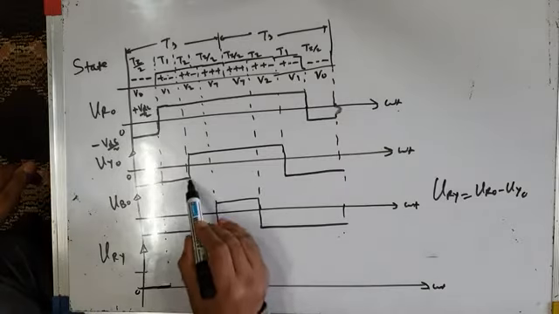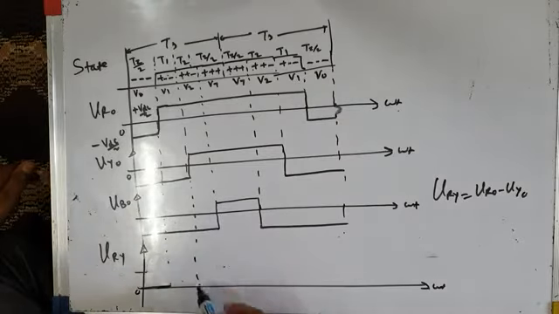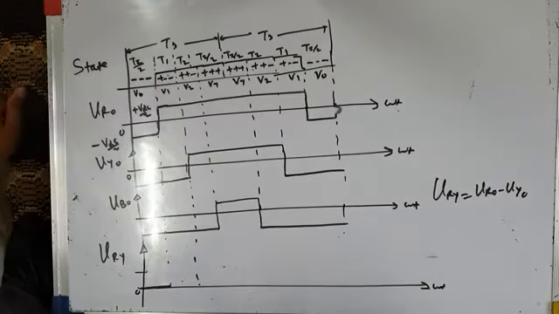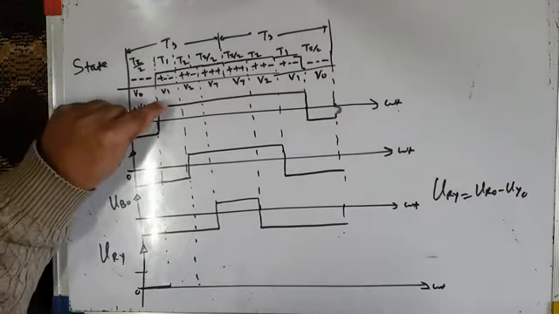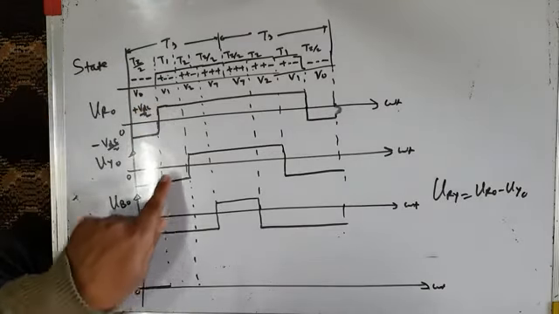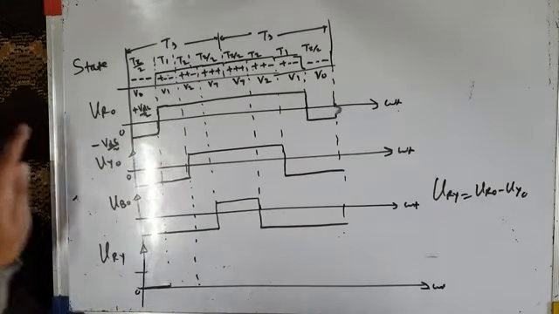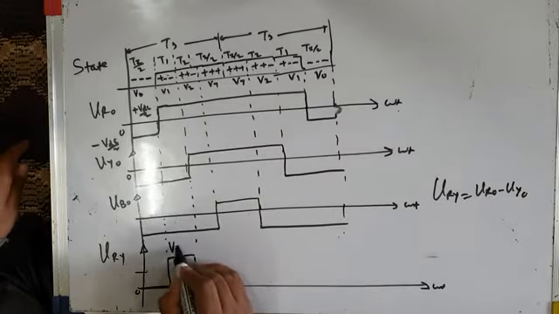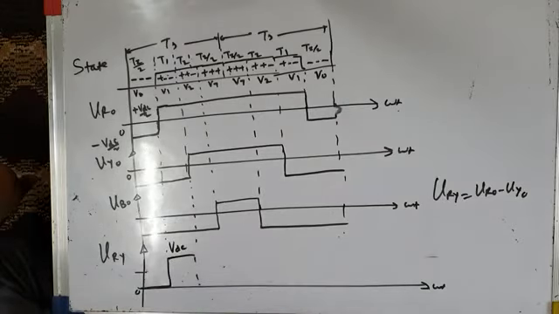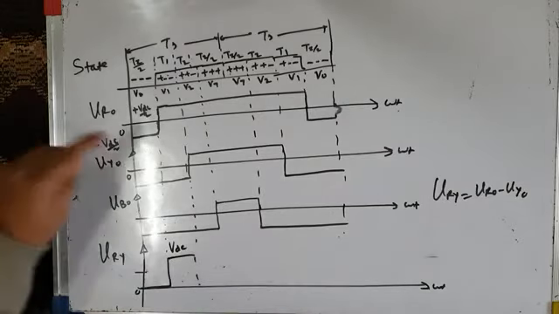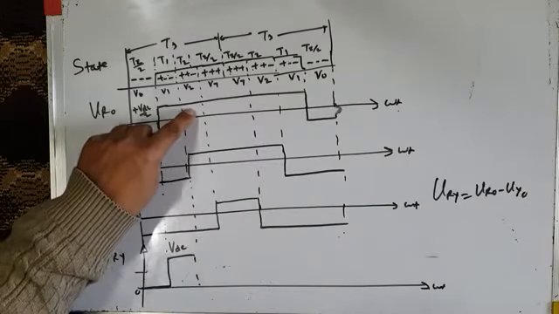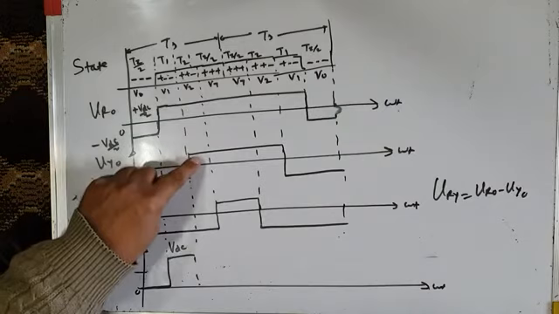In next interval, when voltage space vector V1 is applied across the load, VRO is plus VDC by 2, VYO is minus VDC by 2. So plus VDC by 2 plus VDC by 2 is plus VDC. That means voltage pulse VDC will get applied across the load. Then from this interval to this interval, see VRO is VDC by 2, VYO is also VDC by 2.